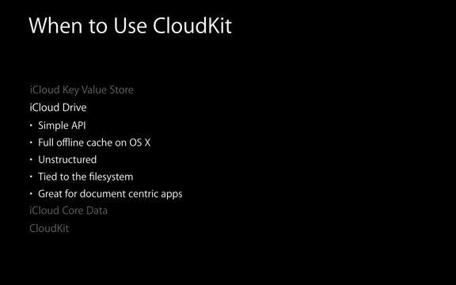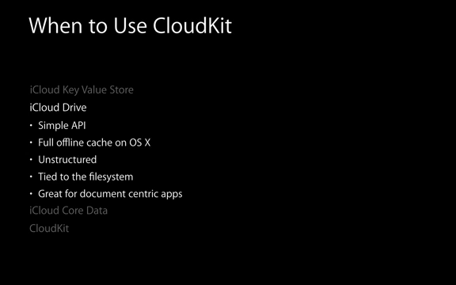iCloud Drive builds on top of the existing iCloud Documents APIs. Doing so, it provides a full offline cache on OS X. All the files on the iCloud Drive of the user are downloaded on OS X. It's completely unstructured and entirely tied to the file system.